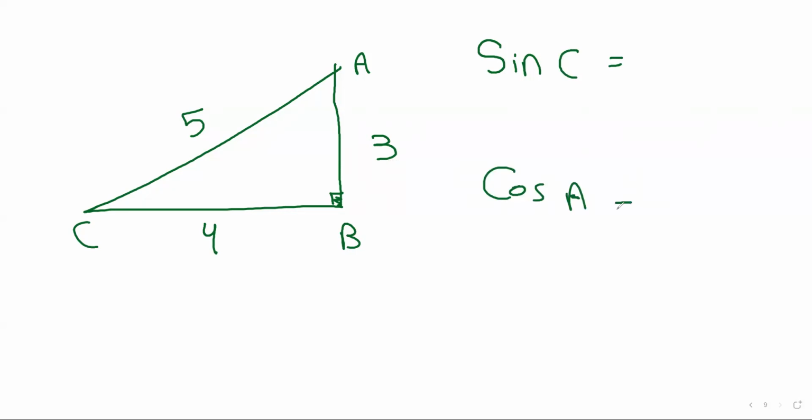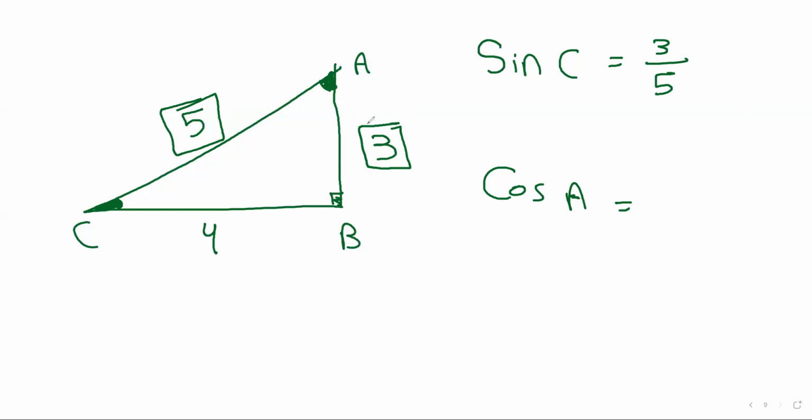Why did you say B? I said sine C. Look at C well. Sine is opposite over hypotenuse, so sine C is 3/5. What about cosine A? I'm talking about angle A, but I want cosine, not sine.